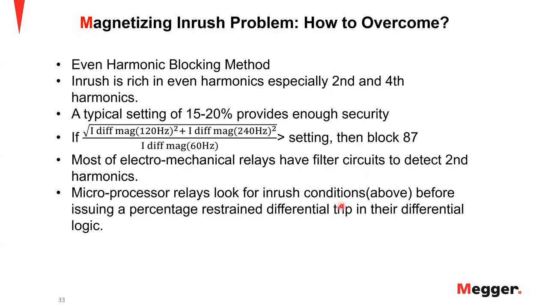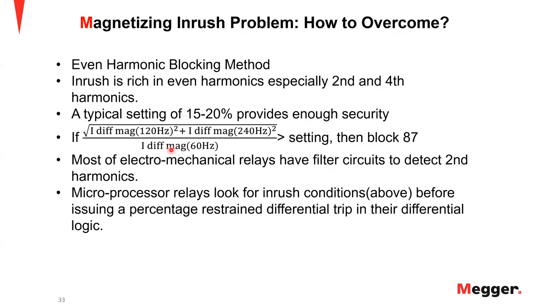So when current waveforms during inrush were examined, it was discovered that these currents are rich in second and fourth harmonics. So relay designers came up with a method called harmonic restraint or harmonic blocking method. If I consider 15% as an example, I take my 15% of harmonic ratio with my fundamental waveform.